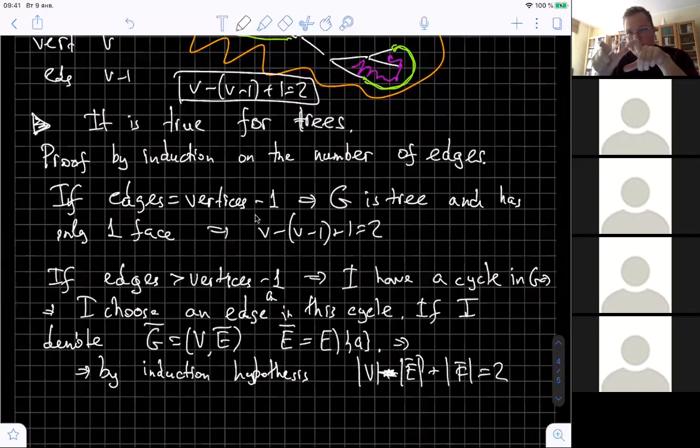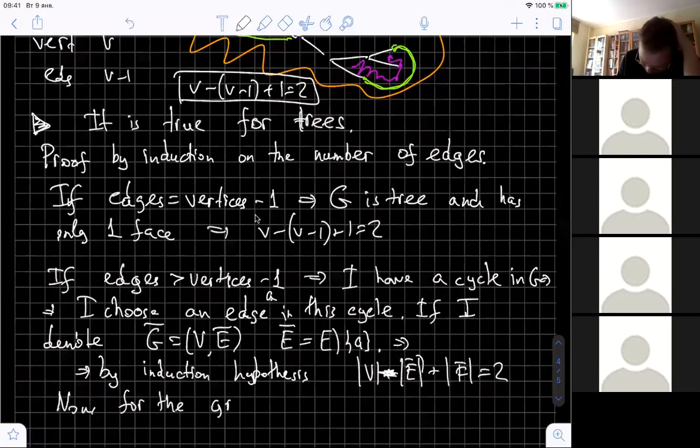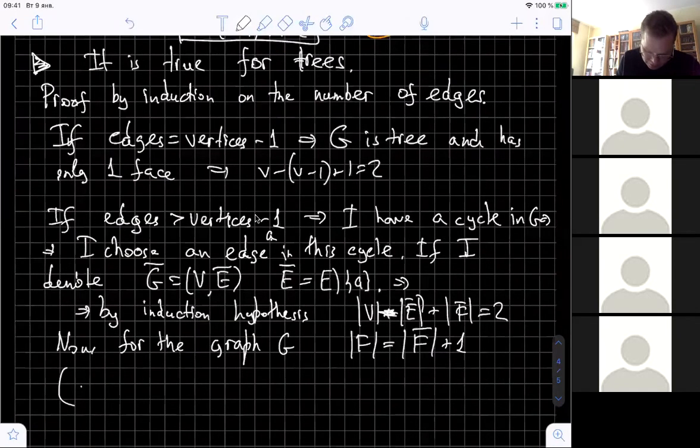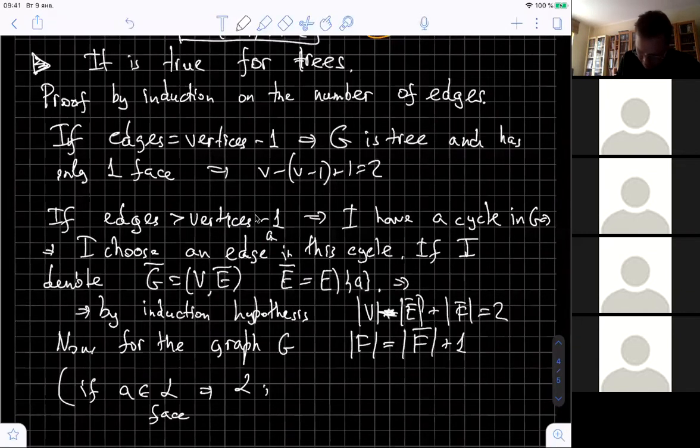So for the graph G, the number of faces is equal to the number of faces of G tilde plus 1, because if A belongs to face alpha, then alpha is divided into 2 parts.